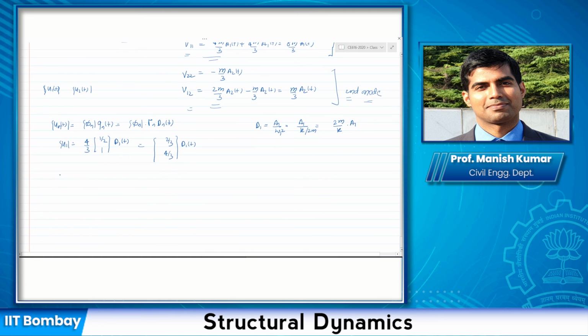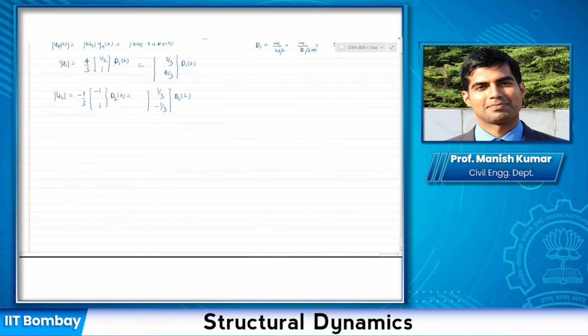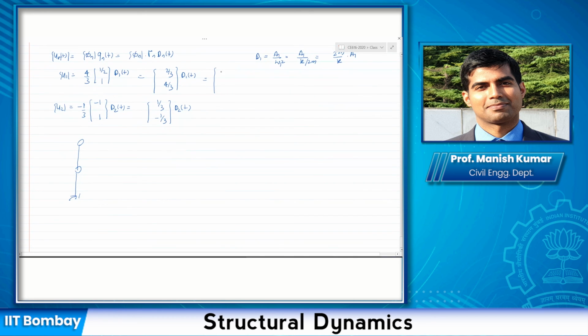Similarly, my u2 vector becomes minus 1 by 3 times the mode shape minus 1 1, and then d2t. So I will get 1 by 3 and minus 1 by 3 d2t. So if you want to look at it in terms of displacement, what it is saying is that in the first mode you have this displacement. Remember, this is nothing but u11, u21.